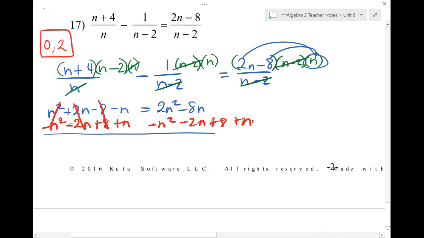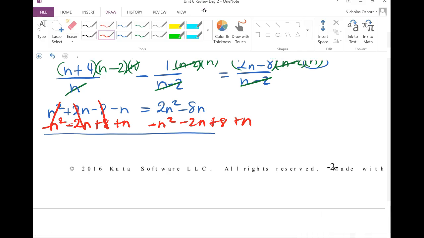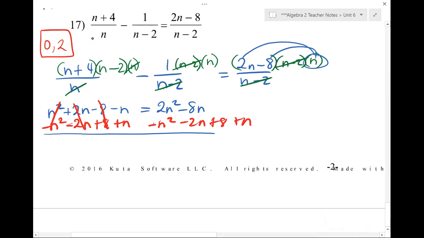Okay, so that cancels out there. Now I'm left with 0 on this side, and I'll have 2n squared. So 2n squared minus n squared is n squared. And 8n minus 2n is minus 10n. And then plus 8 and plus n.